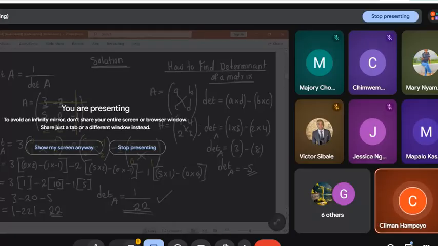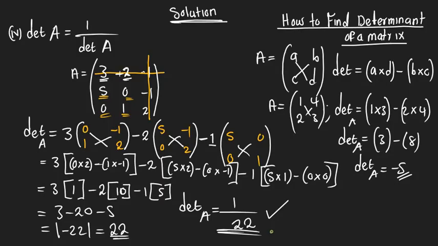Guys, is it clear there? You should try to prove with your sources and then see if we got it correct, but that's how you solve your determinant. Okay, so this is how you do it. Do we have any other question there?